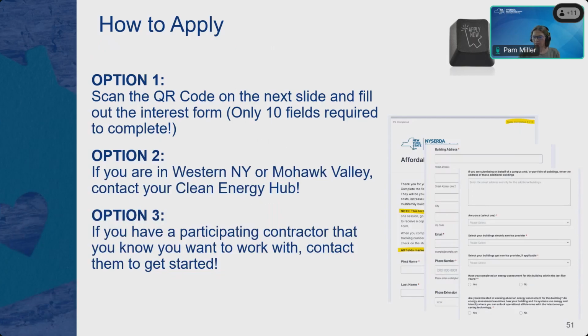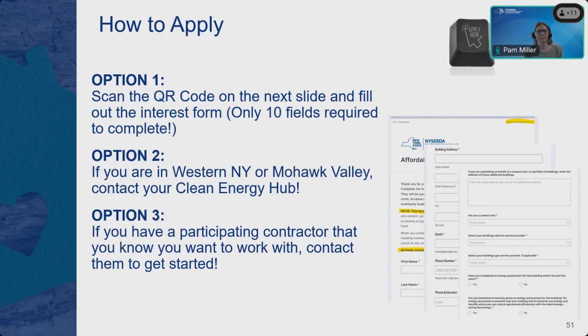So as we're winding down our webinar today, I just wanted to address the most important question of all, which is how can we apply to the program? We have a couple of different ways that you can gain access into the program. On the next slide, there will be a QR code that you'll be able to take a screenshot or photo of.